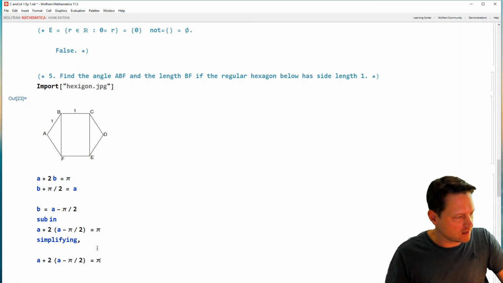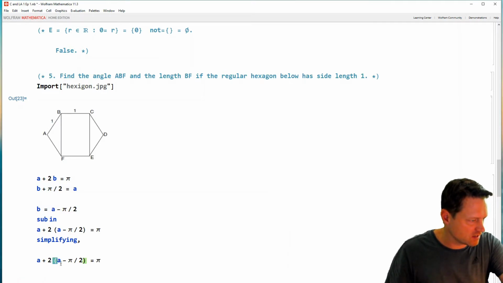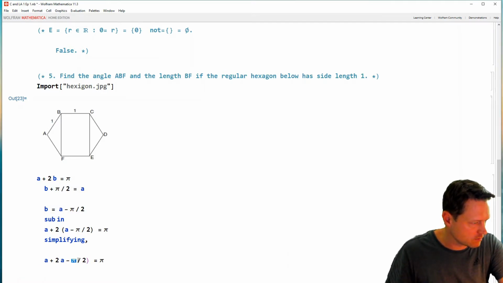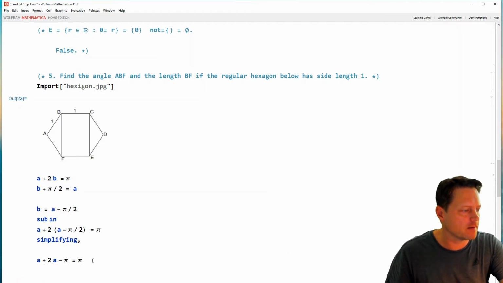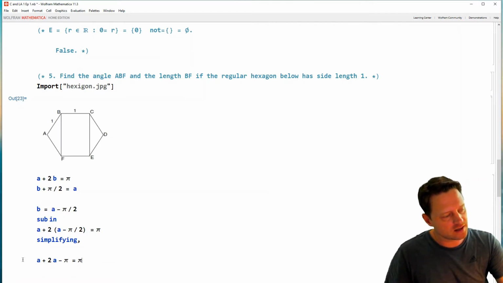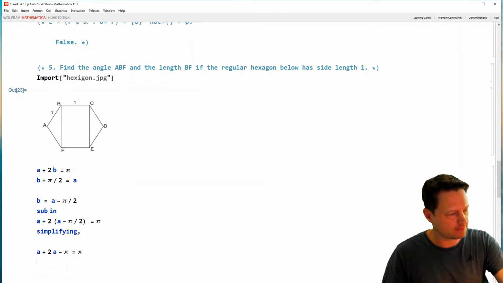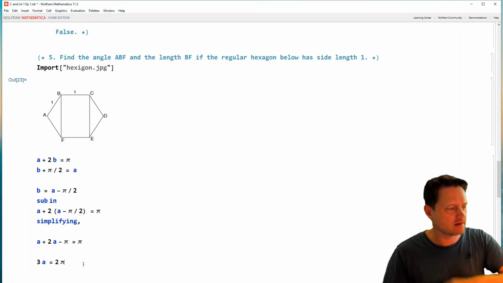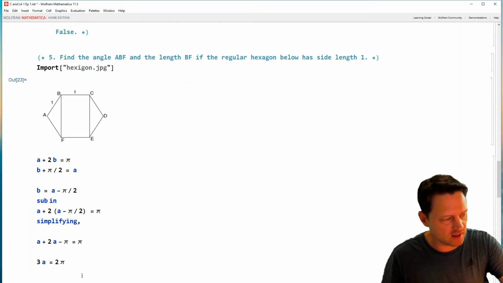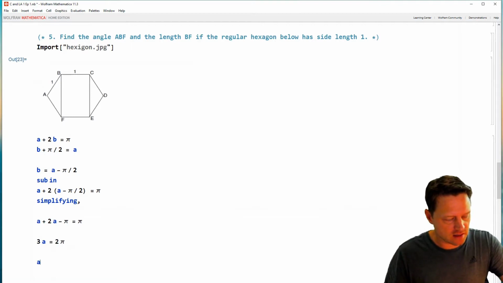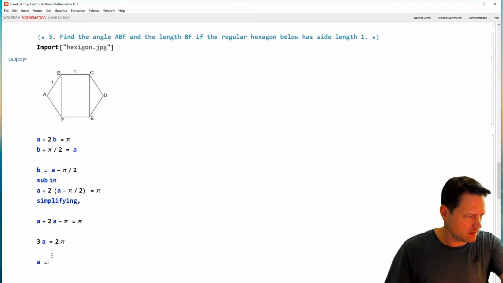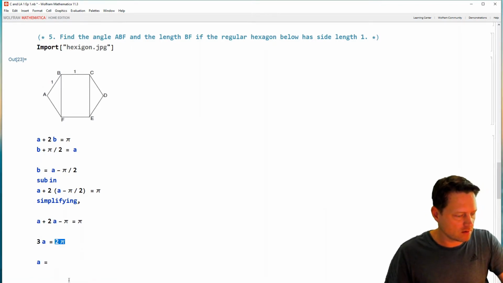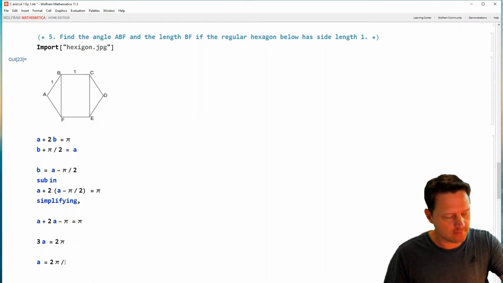What we have then is 2 of the a's there, and we just cancel the 2 there. Okay, so that gives us 3a on the left is equal to 2 of the pi's, taking this minus pi over to the right-hand side. And now finally we want to divide by 3. So a is equal to 2 pi on 3 radians.